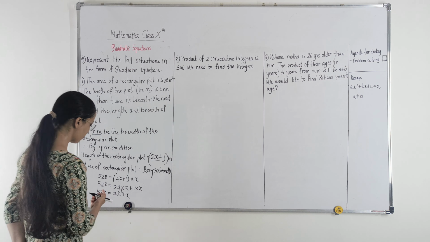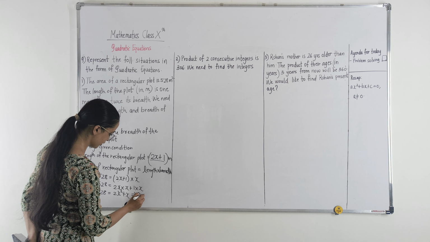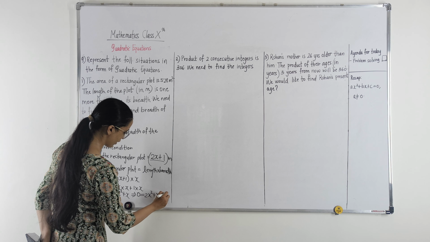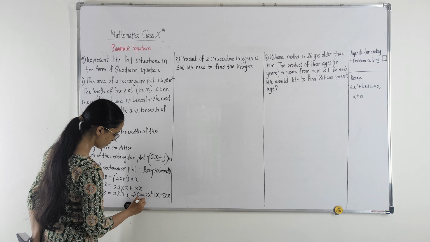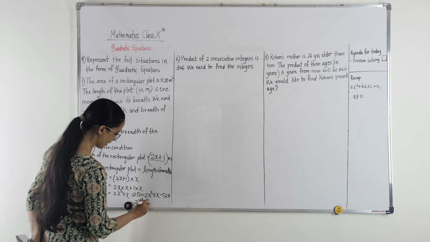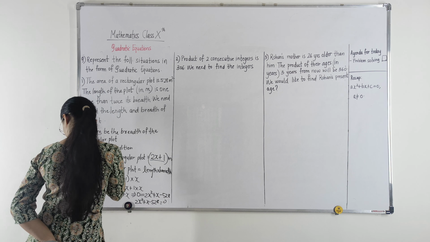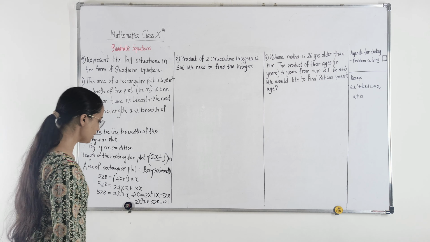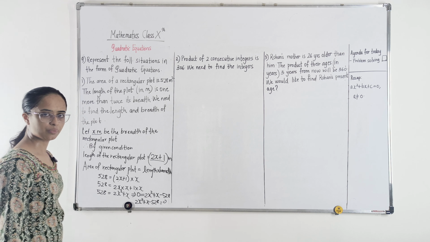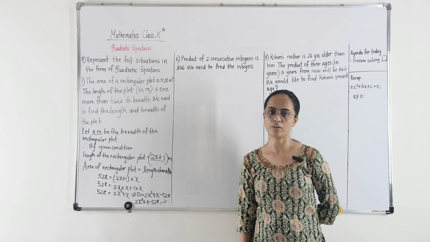So I'll be shifting 528 to the other side. So we get 2x square plus x minus 528 equals to 0. This is how you have represented the first situation in terms of a quadratic equation.